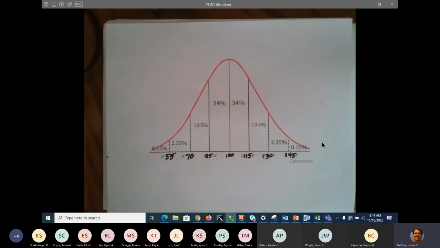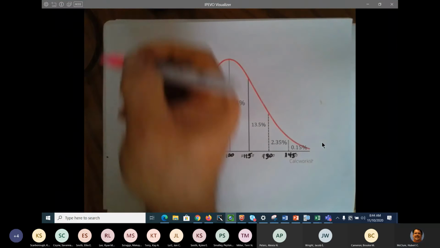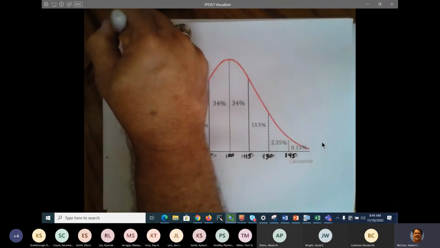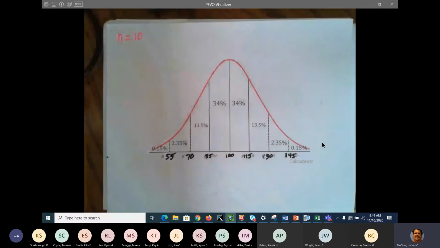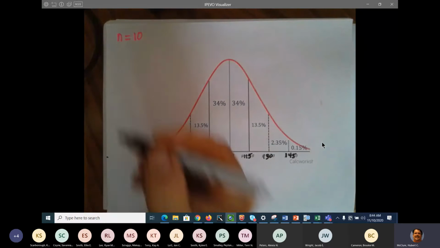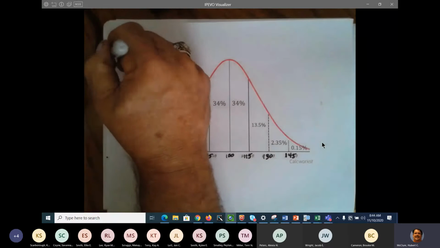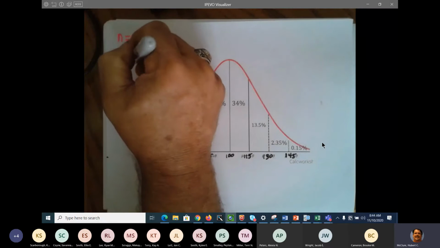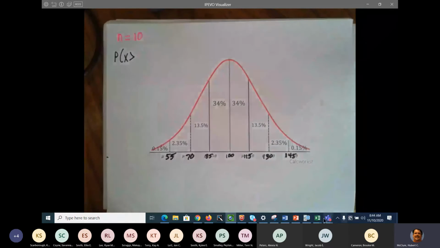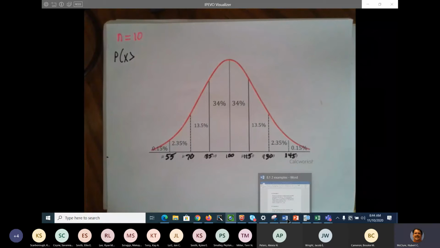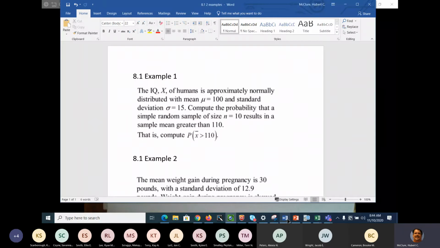And I'm going to write that in pink because that is the difference between chapter 7 and chapter 8. They want to know the probability of x-bar being greater than 110.